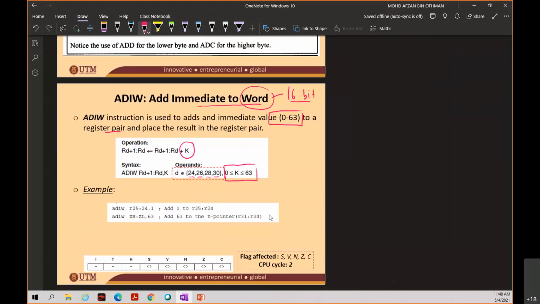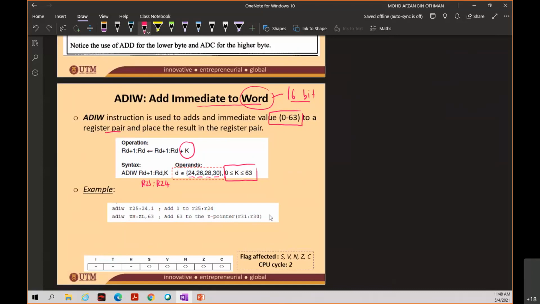That means if you choose R24, the register pair is R25, because it is Rd+1. So Rd is 24, and Rd+1 is 25. If you choose R26, then the register pair is R27.